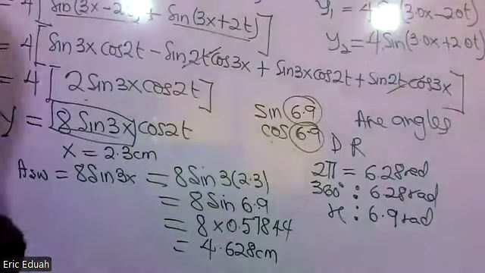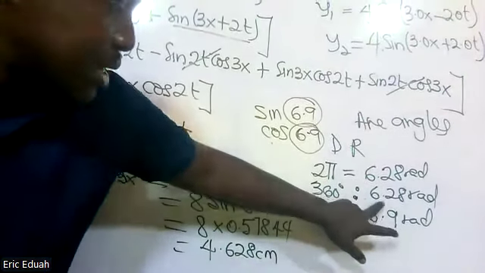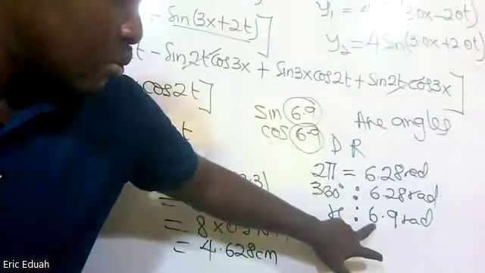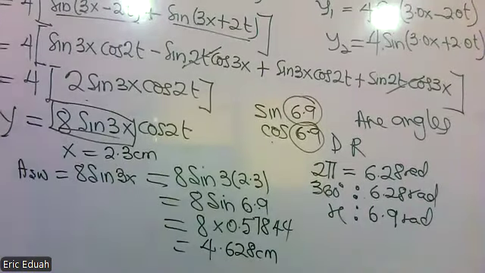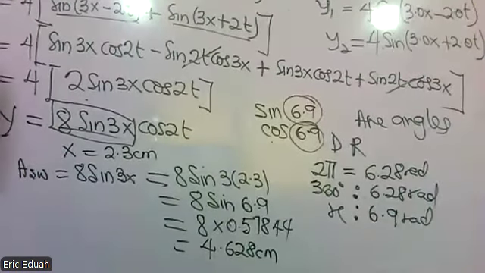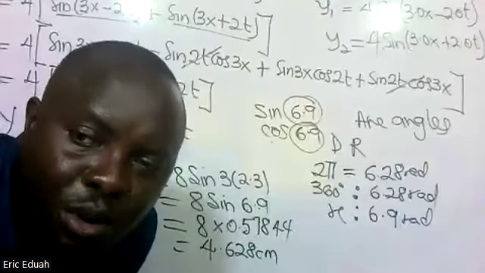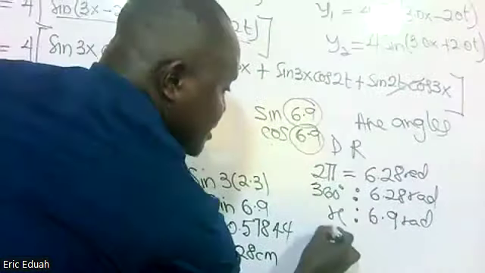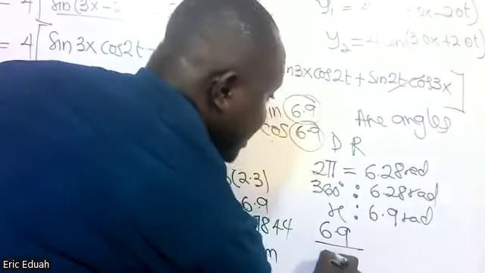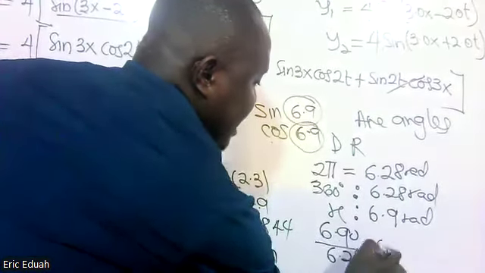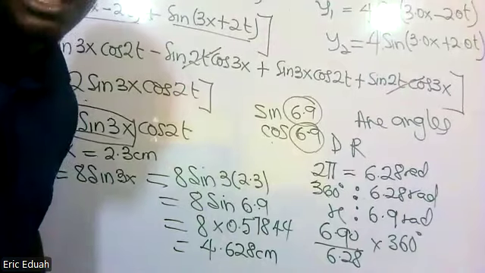With this, I'm only trying to convert angle in radian to degree. So if 360 is to 6.28 radian, what will be 6.9? It will be more. If more, let's divide. So 6.9 divided by 6.28 times 360 would give you the angle in degree. Please calculate it and give me the angle in degree.